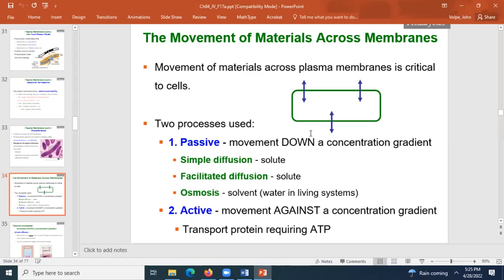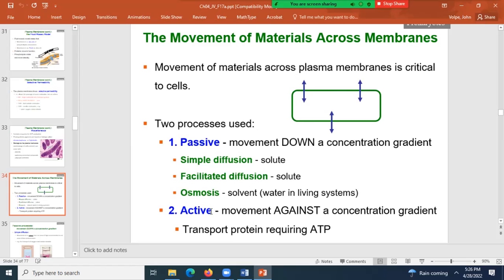Active is the movement of material against the concentration gradient. For example, if you were to eat a diet very low in glucose, you could have a little bit of glucose outside your gut, and your gut cell would have more glucose in it. But the gut cell is going to say, well, I see a glucose molecule out there. I want to move that into the cell. And it will move that glucose from the gut, from areas of low concentration to areas of high concentration.